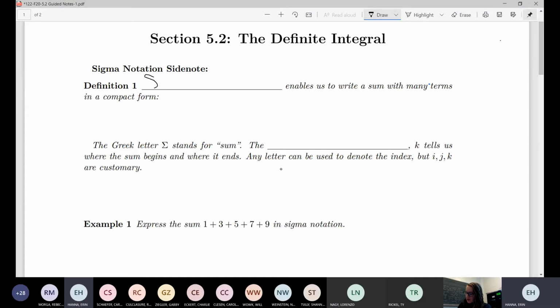So sigma notation enables us to write a sum that has many terms in a compact form. So say I wanted to, well, no, let me do the generic one first. I'm going to write a generic one to begin, and then we'll do some with actual numbers in a second. So say I have some generic sigma notation.